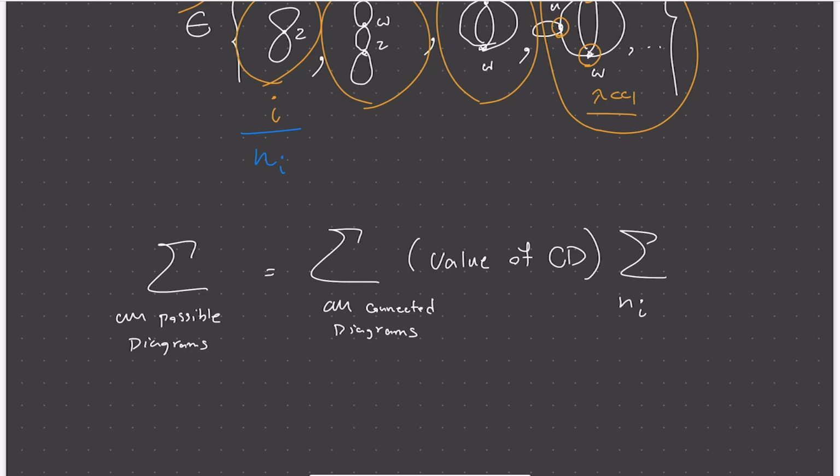So sum over all possible n_i ways that you can order them, for example n1, n2, n3, and n4. This is the first bubble, second bubble, third bubble. Something is happening here, here, and here. So this is called an n_i set.